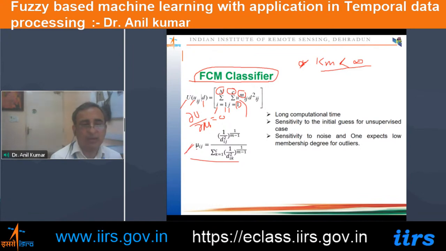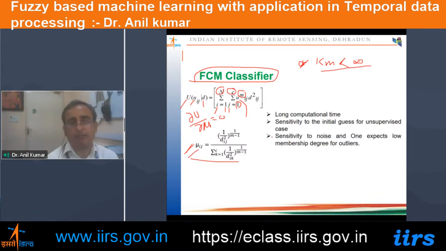This is for a class, mu ij, and this is the distance for a given class ij to the power 1 upon m minus 1, divided by the summation from k equal to 1 to c over all the classes for a given pixel, the distance for all the classes to the power 1 upon m minus 1. That way you can find the membership value through FCM.